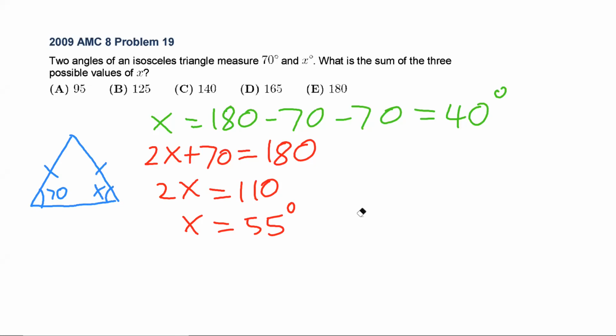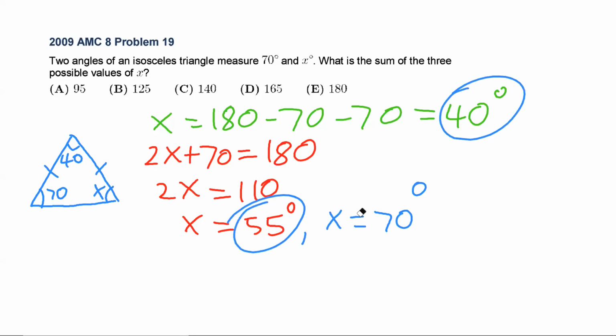And so then that means this angle would have to be 40 degrees in order for all of them to add up to 180 degrees. So in this case, x is equal to 70. So here we have three answers: 40 degrees, 55 degrees, and 70 degrees. And if you add them up, then you should get D, 165.